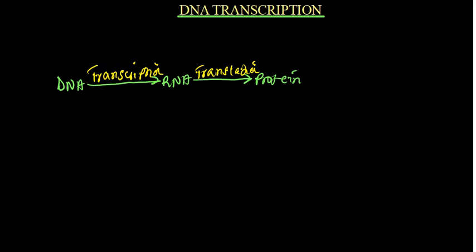So transcription of DNA. What is transcription? Transcription is the process by which a copy of DNA is changed into RNA. You have DNA, and DNA is going to give us RNA. Now what do we know about these two molecules?